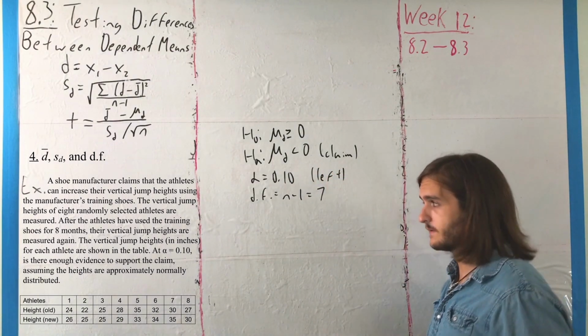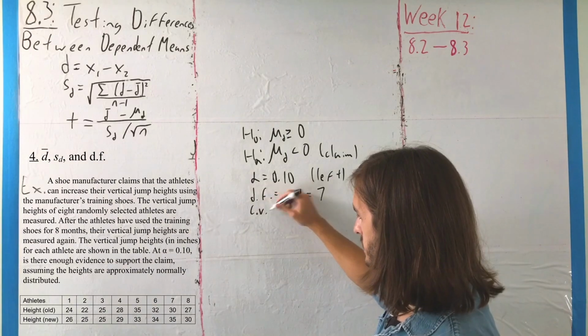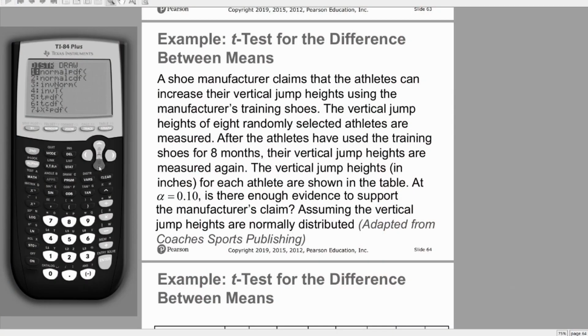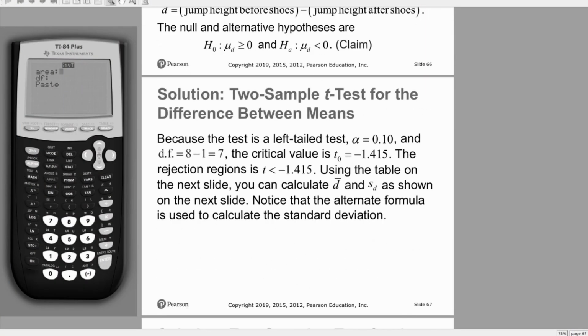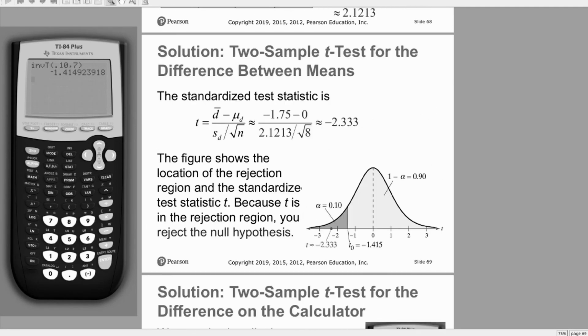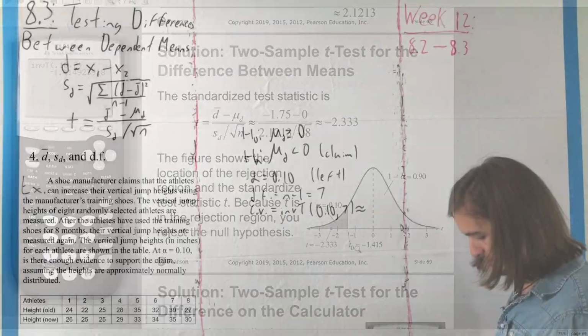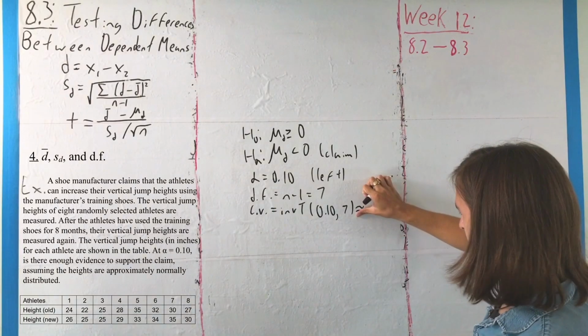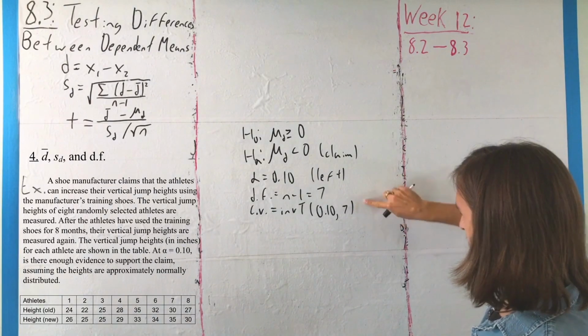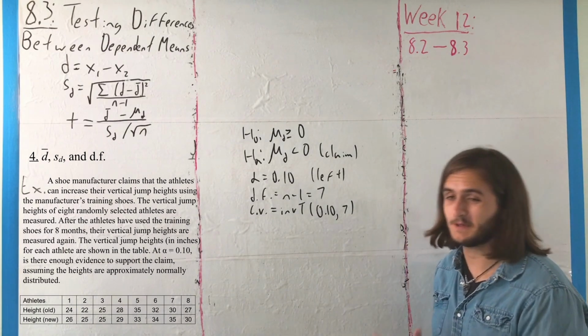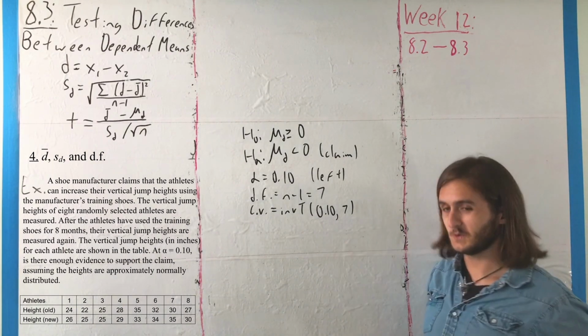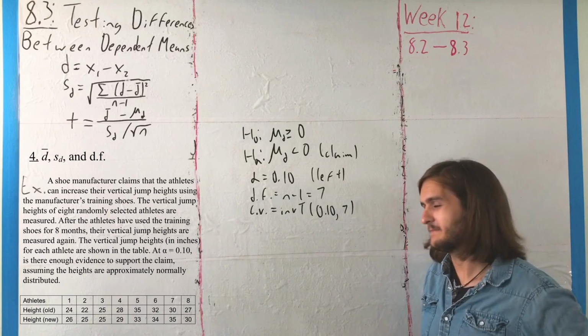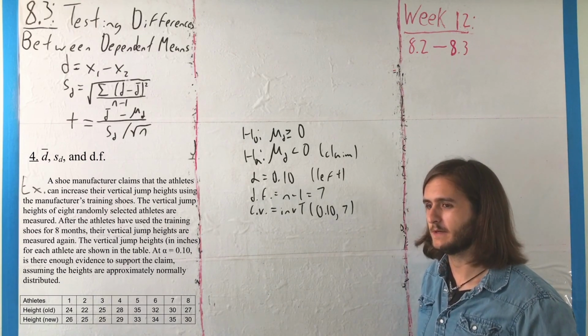And if you want to get the critical value, in this case, well, that would be another inverse t type of computation, where we're dealing with 10% in the left tail and 7 degrees of freedom. So you would get something in the family of this, which I put myself in a bad spot by not actually writing down on my piece of paper here, but that's what you would get in the most exact way. Fooled myself a little bit.